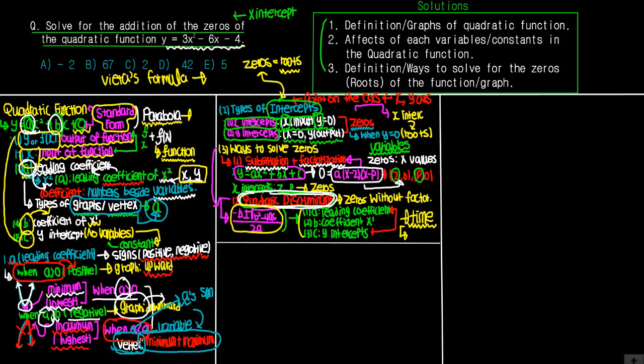It will probably take us 5 seconds if you actually know Vieta's formula. And Vieta's formula is even better than the quadratic discriminant, because we can also apply it in any kind of situation in the quadratic function.